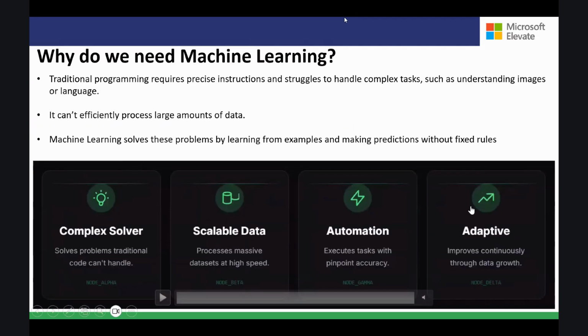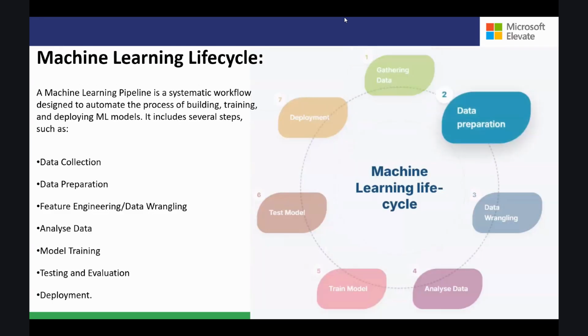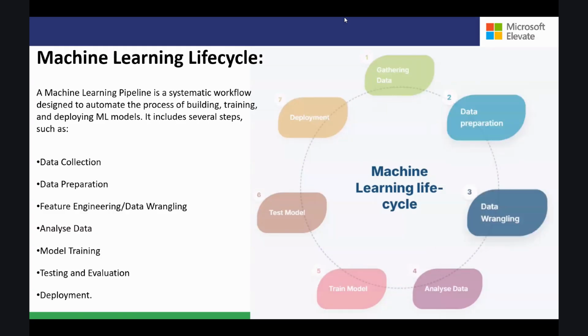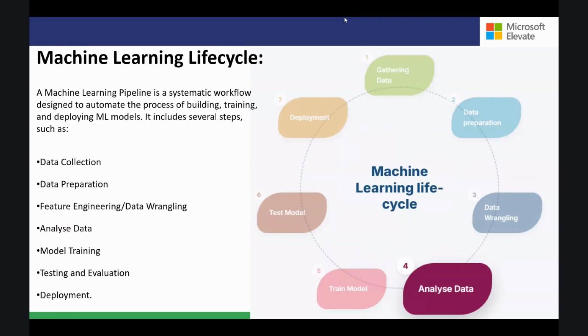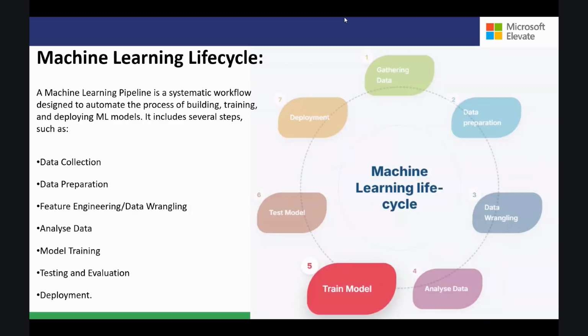Yeah, here. The last point was adaptive. That after some time, we have to again make it learn to understand the latest patterns, the latest real-time scenario.